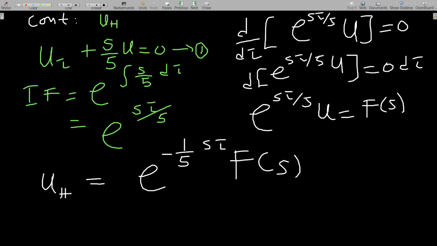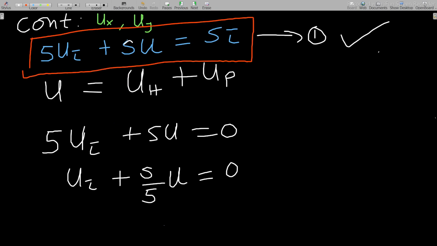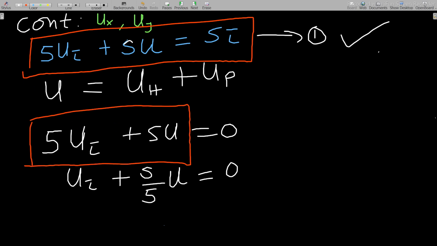So this is my homogeneous solution to this ODE. Let me circle it for you. This is the ODE, and the homogeneous part is this side, and we solved a solution for it.